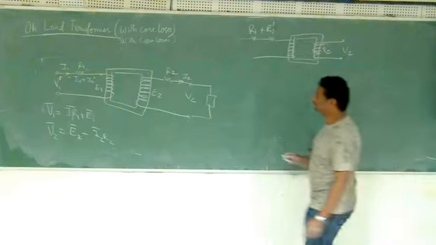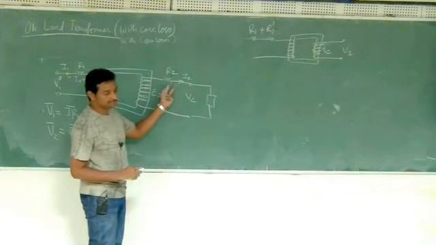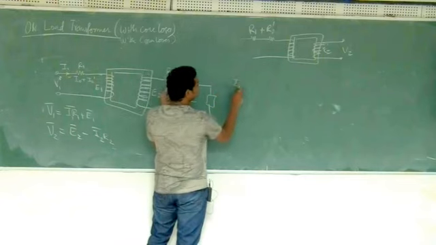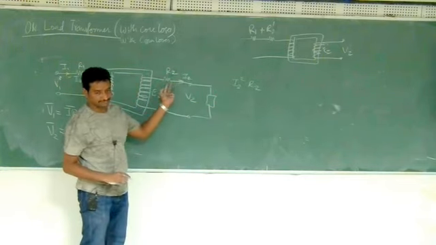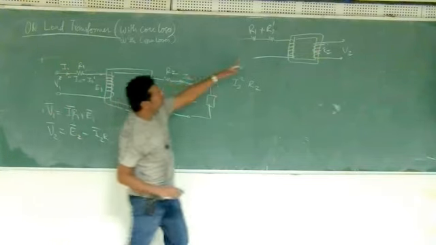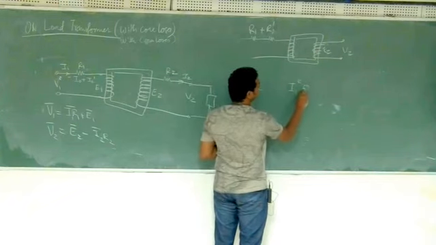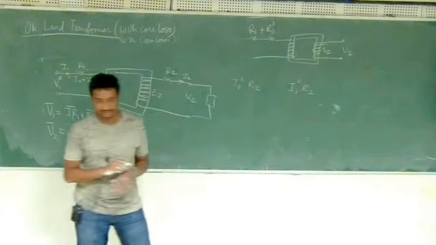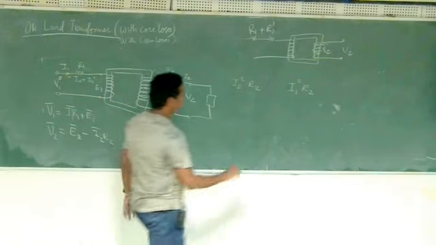Very easy, we can tell. If it was here, how much is the loss? I2 square R2. This much loss it is having here. Now if I transfer this here, how much is the loss here? I'll get I1 square R2 dash.